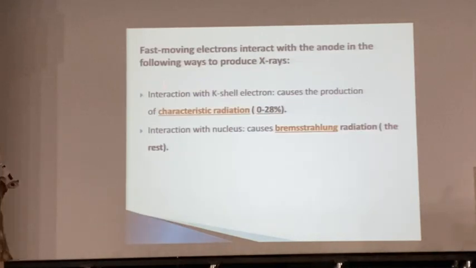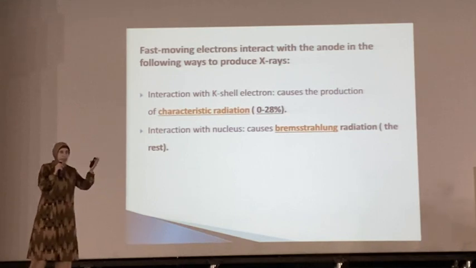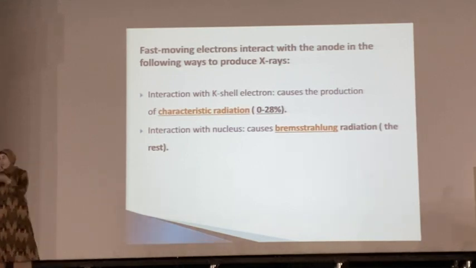Inside the anode, there are two types of interaction of the electrons with the anode. The first type is the interaction between the accelerated electron and the K-shell electron of the anode. This forms what is called the characteristic X-ray, and it is about 0 to 28% of the X-ray produced by the X-ray tube.